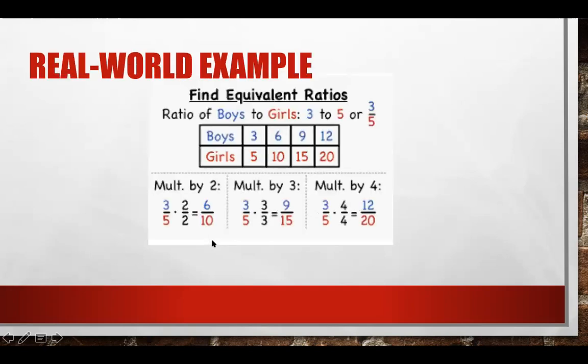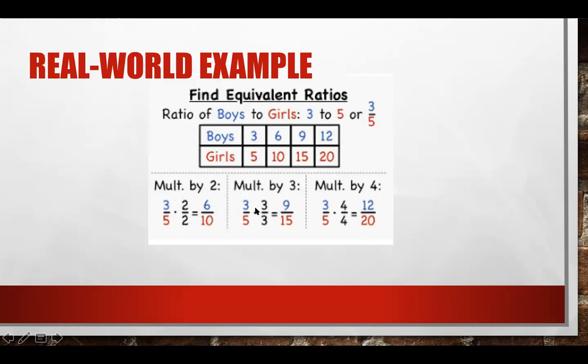So here's a real world example for boys to girls. We kind of looked at this earlier. Ratio of boys to girls. For every 3 boys, there are 5 girls, or 3 over 5. We can see this is also manipulated the same way, just kind of how we just reviewed. We're going to multiply this by 2 and get 6 over 10.